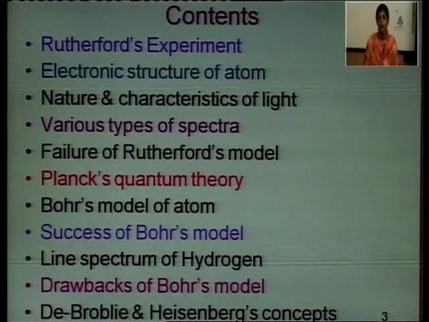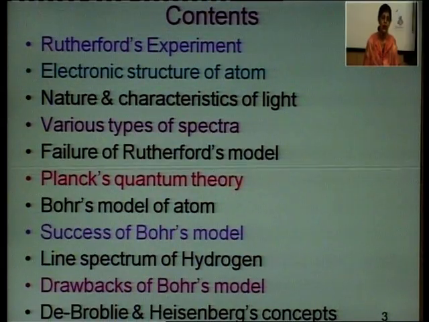Now, let us discuss first what all contents we will be discussing in this lecture. Before going into the details about the Bohr's model of atom, I would first discuss the Rutherford's experiment, the electronic structure of atom, nature and characteristics of light, the various types of spectra, failure of Rutherford's model, quantum theory, and then the Bohr's model of atom, the success of the Bohr's model of atom, in which we will be discussing the line spectrum of hydrogen.